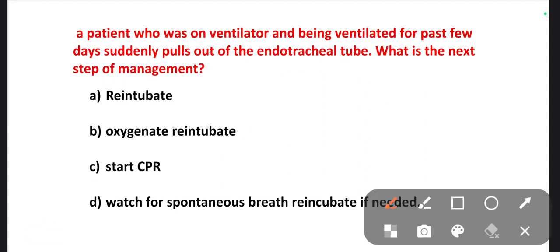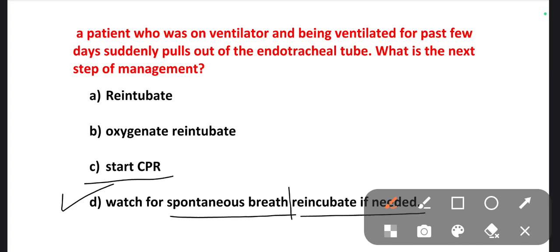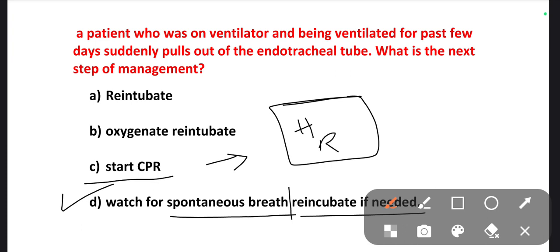So what may be the correct answer? The right one is option D. Option D is we need to check for the spontaneous breath, that is, whether the patient is taking breath or not. Then if it is possible, go for re-intubation. But you should not start the CPR. If you want to start the CPR, you need to look at the monitor, where we can see the heart rate, respiration and everything.